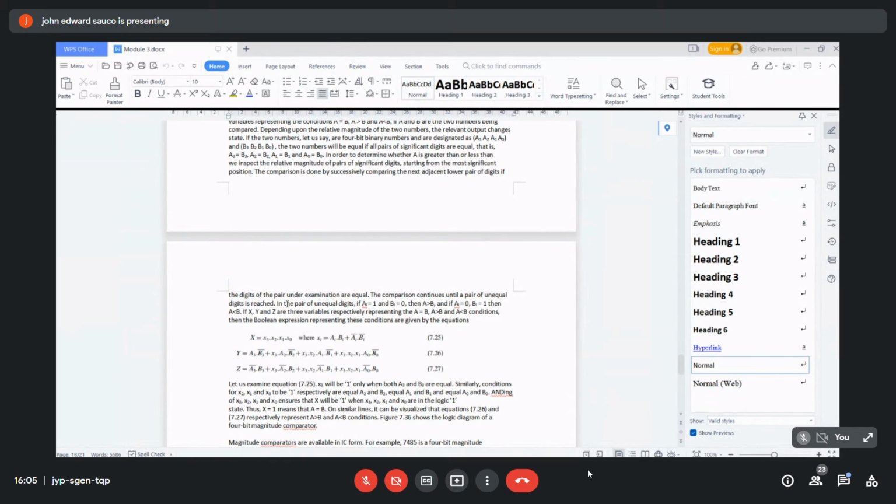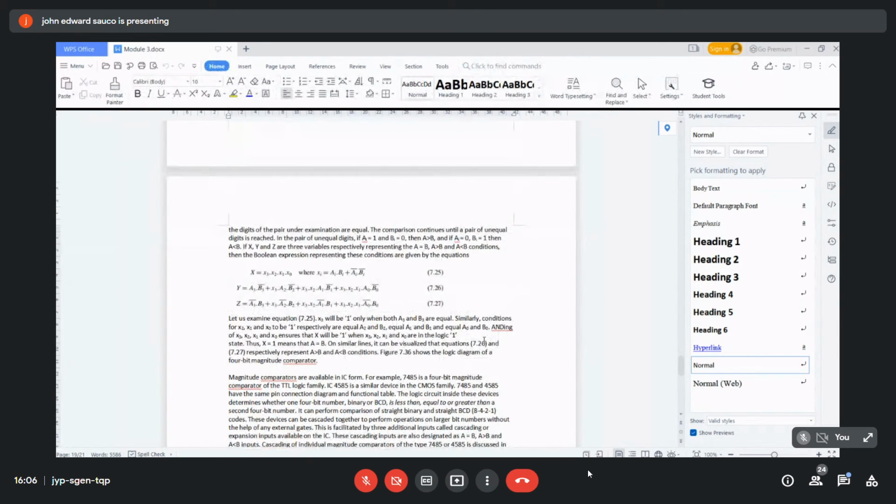Masasabi lang na equal kapag lahat ng binary digits sa 4-bit na yan ay equal. Then yung proseso niya, continuous yung tignan niya hanggang may isang bit na hindi equal. So, doon natin malalaman kung less than or greater than.